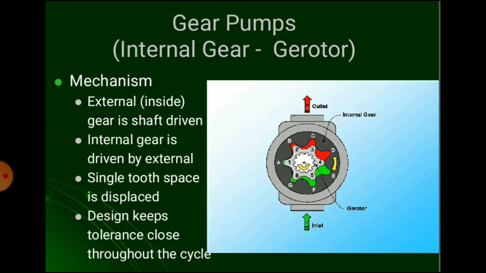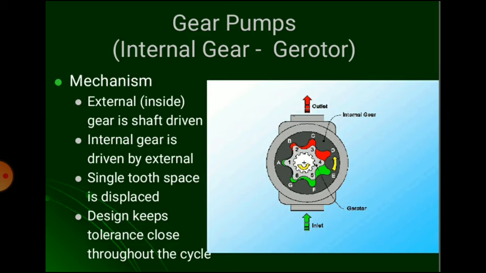Construction: these pumps have a pair of gear-shaped elements meshing with each other internally. The inner rotor element, called the gerotor element, is connected to the drive shaft and drives the outer generated rotor.